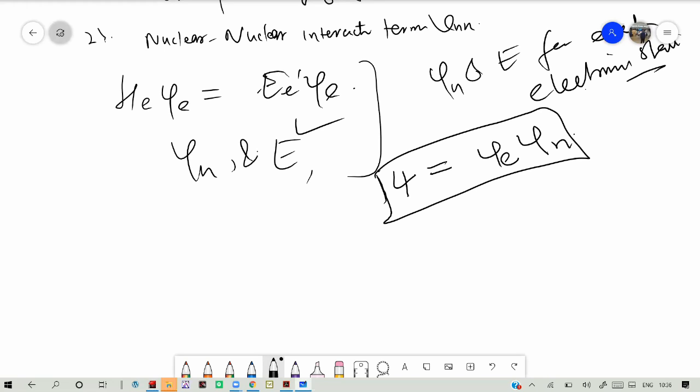So the electronic wave equation, that is He psi E equal to E dash psi E, is solved for a particular given set of electronic states in a given molecule using those nuclear coordinates, because those are slowly varying functions, so they will not affect our electronic energy part. Then we find psi E and E dash.